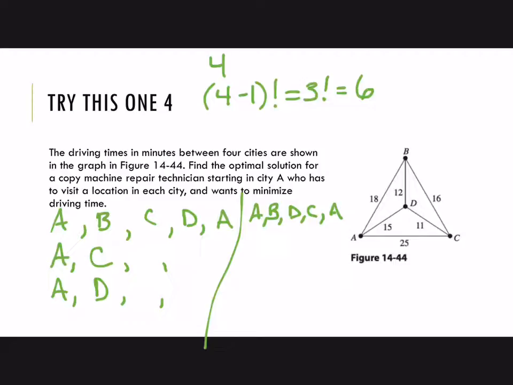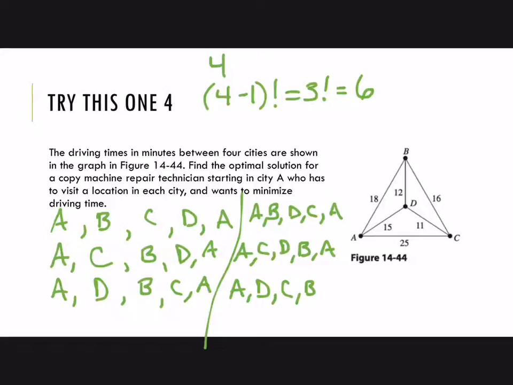If it's C, then I could do BD, or I could do DB. And if it's D, then I could do BC or CB. And that's it. There are the 6 circuits, and you don't need to worry about any others.